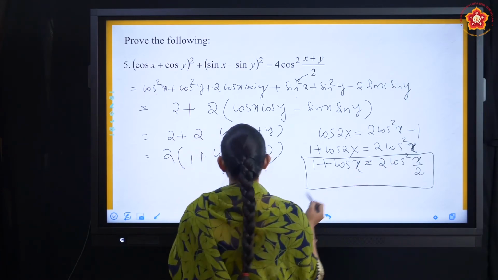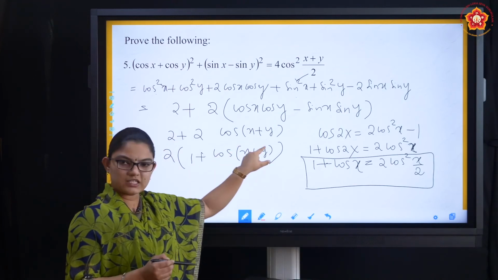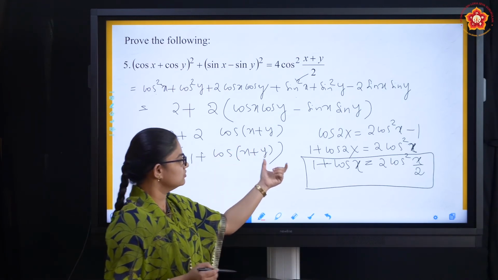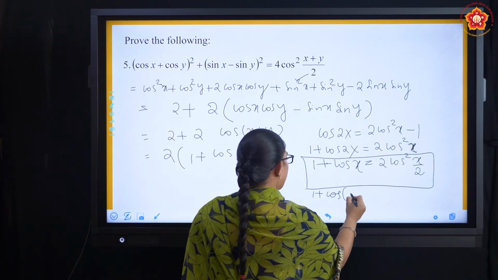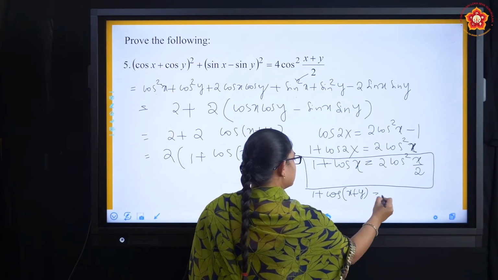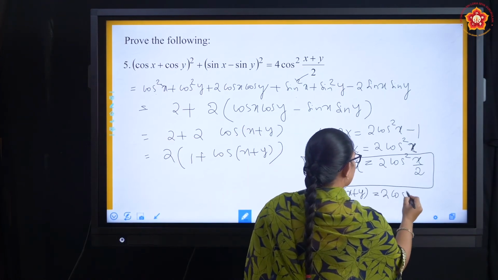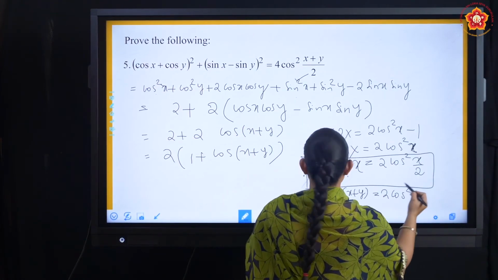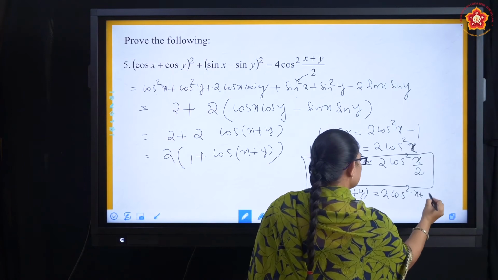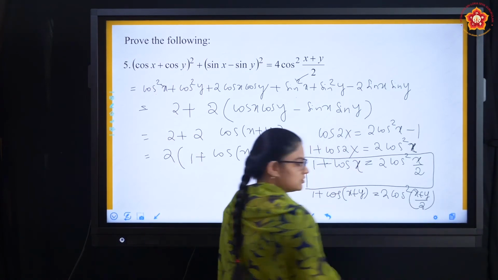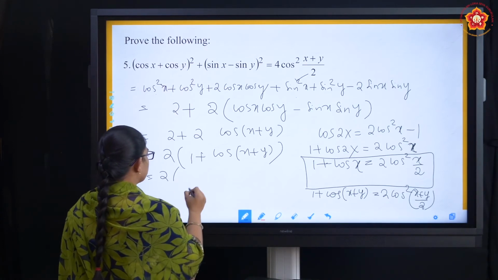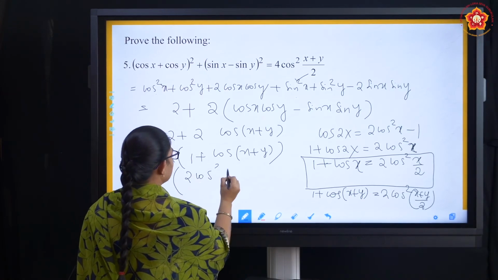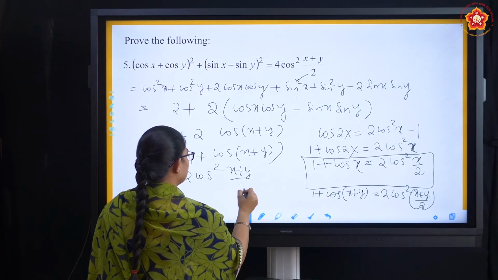1 plus cos x is nothing but 2 cos square x by 2. Now in place of x here we have 1 plus cos x plus y. So we are going to substitute this, that is 1 plus cos, in place of x you have x plus y, is nothing but 2 cos square x plus y by 2.